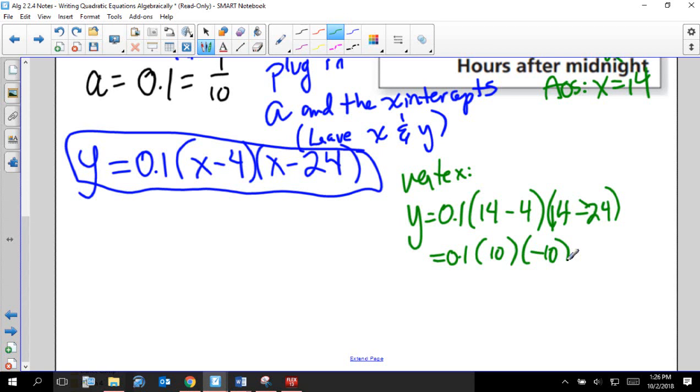You're allowed to multiply in any order, so I'm going to multiply maybe 10 times -10 first, which is -100. And then a tenth of -100 is -10.